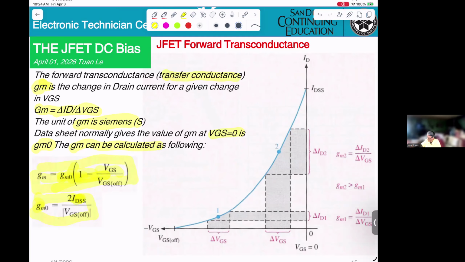That means gm0 cannot be negative. But normally the data sheet gives you gm0. That is the transfer conductance gm.